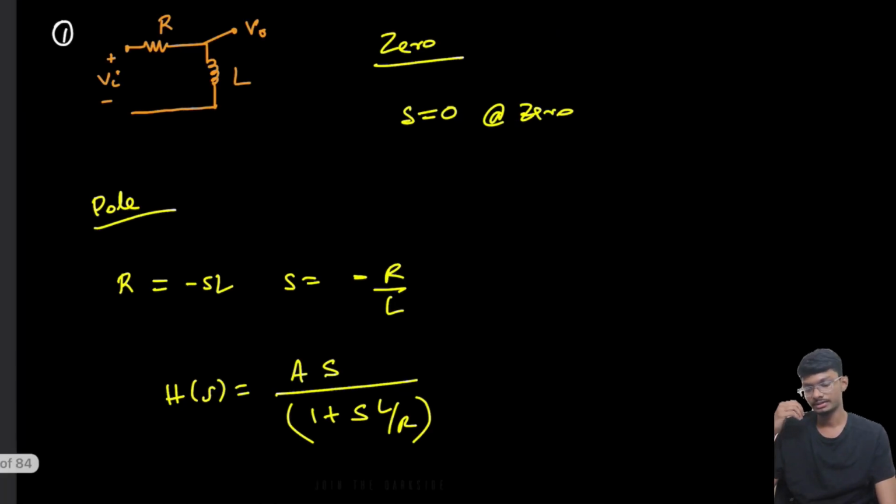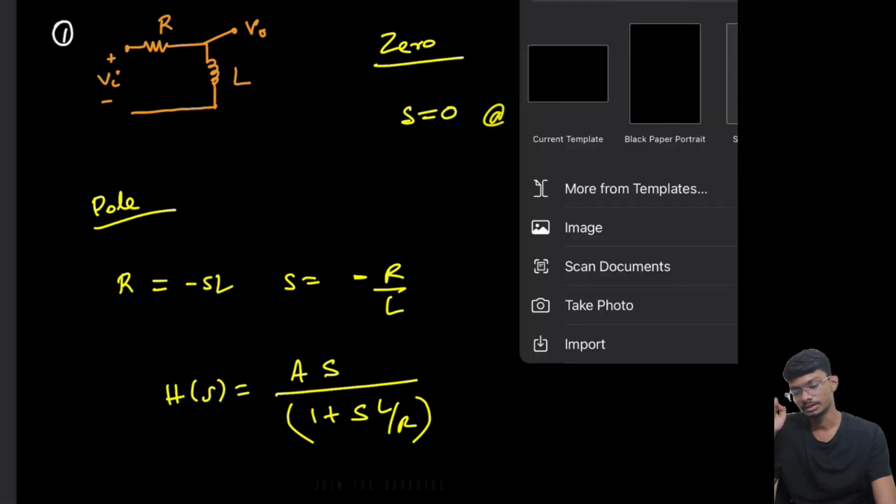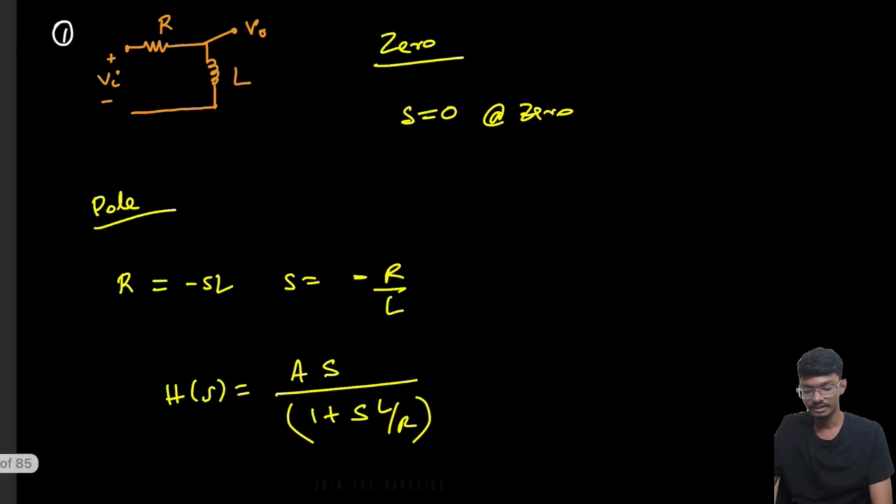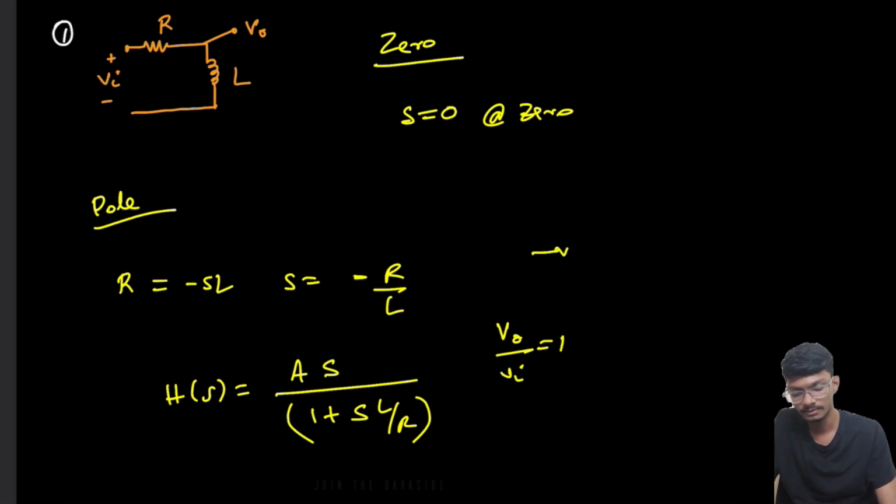So let us find the infinite gain. I need another page. What is the infinite gain? The infinite gain is VO by Vi equals 1. How are we getting it? At infinity the inductor will be an open circuit. Why?